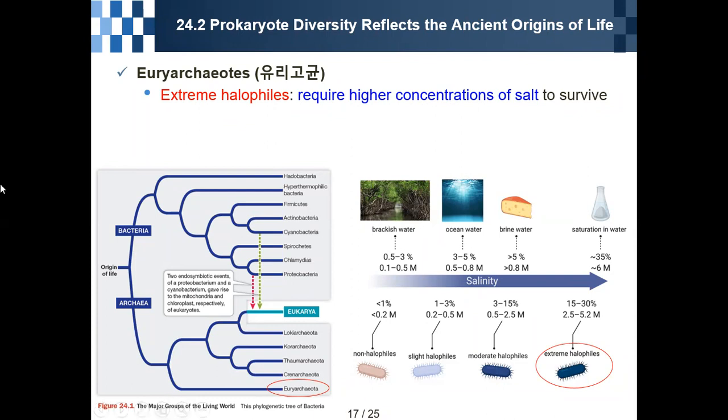So the Euryarchaeota are extreme halophiles. Archaea is composed of the Crenarchaeota and Euryarchaeota, and the other three are very rare. So we covered the major groups.